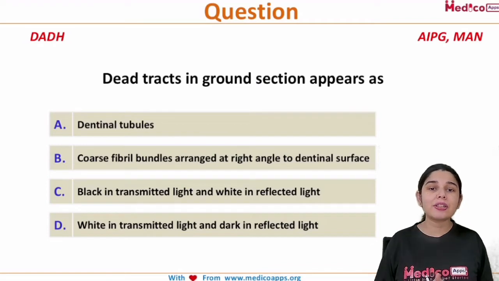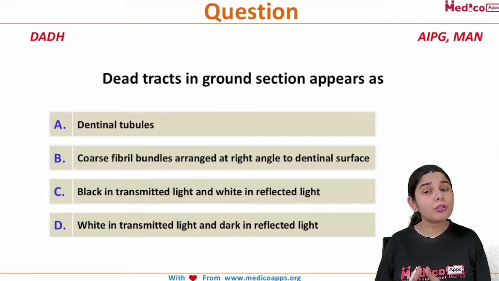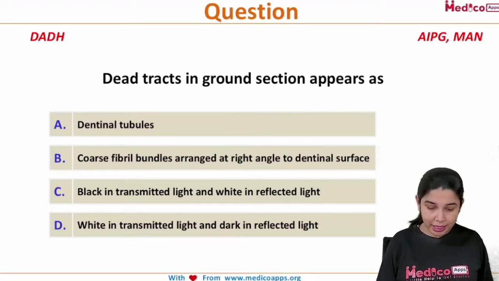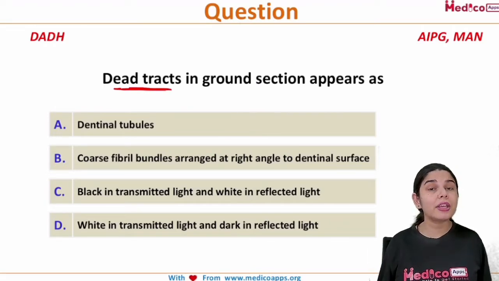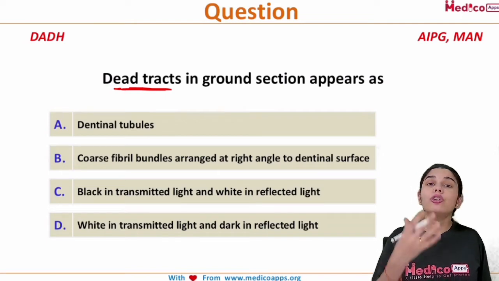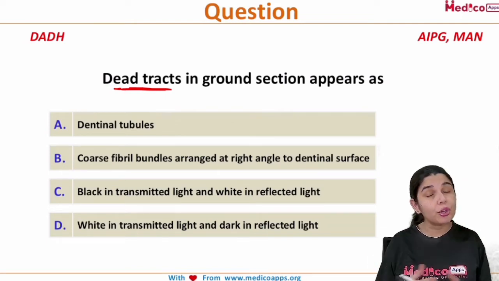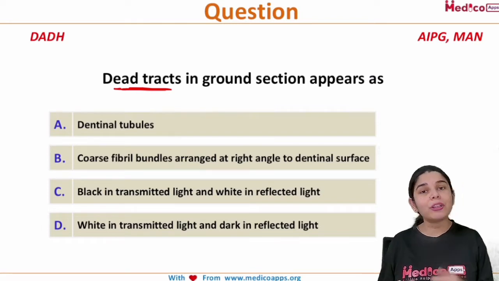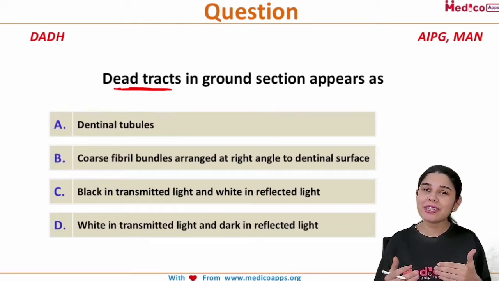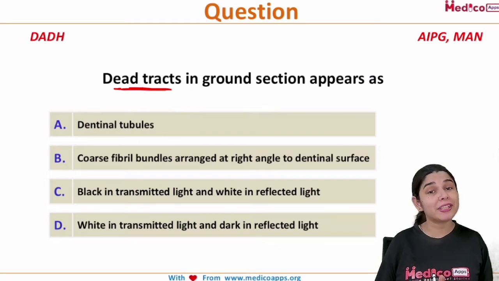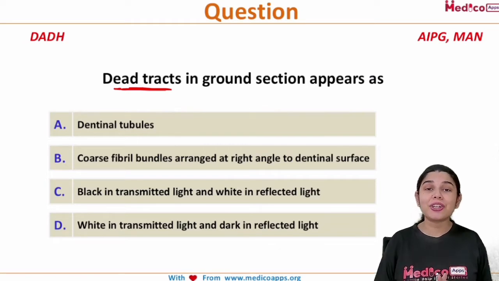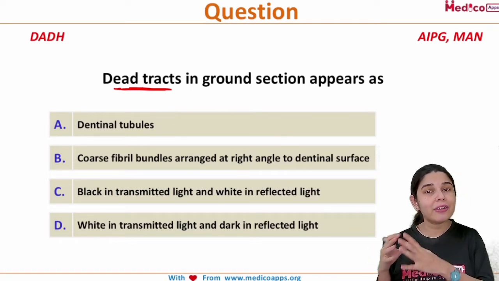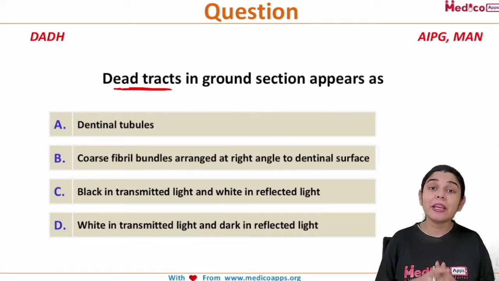So the question asked here is: dead tracts in ground section appear as? As I have told you, the keyword here is dead tracts. To resolve this MCQ, we should know what exactly we mean by dead tracts. But before that, let's look at the options given in this question, so that we can eliminate options and get the right answer.